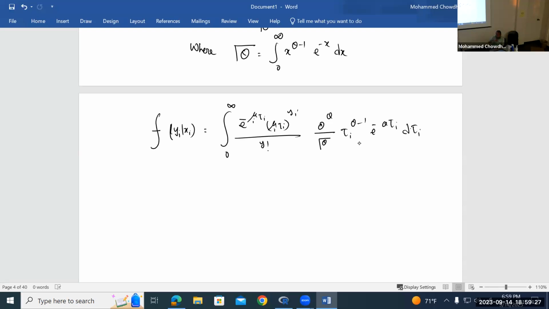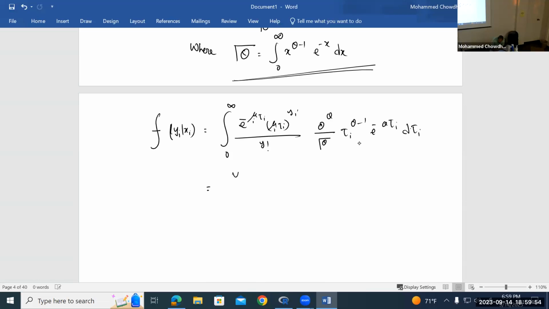I have written all of these derivations in the note in great detail. If we do all of these operations and apply the gamma function rule that I have written in there, we will end up with the final format, avoiding 3 lines.